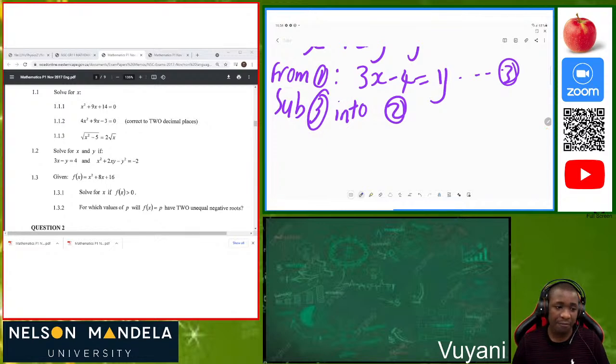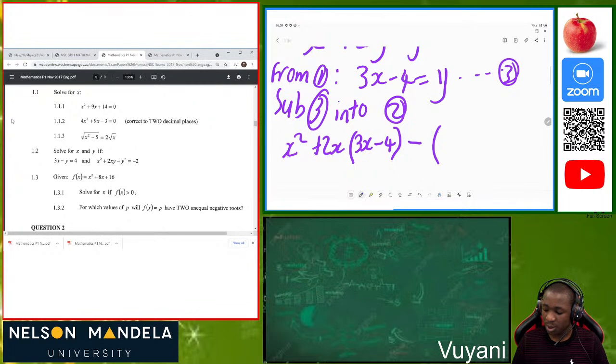So we're going to have x squared plus 2x, there's that y, we place 3x minus 4. Minus, what is our y squared? Our y squared is 3x minus 4 all squared. Then we equate it to negative 2.